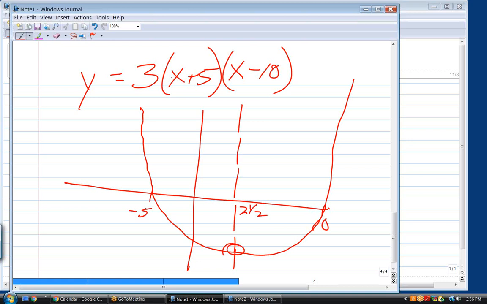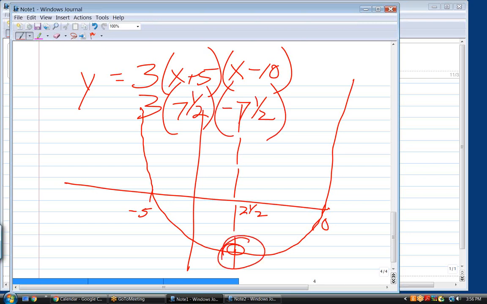Plug in 2.5 for x and solve for y. So you have 3 times 7.5 times minus 7.5. Whatever that number is, it's definitely a minus number for the y coordinate. Plus for the x, but minus for the y.